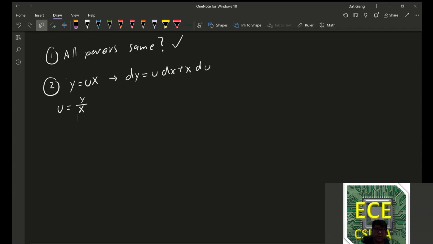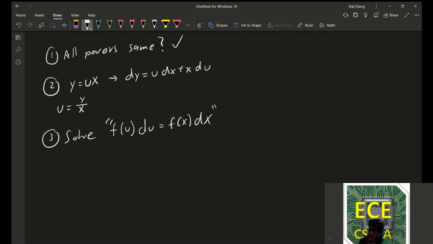We just then have to solve some function f dependent on u, du equals f of x dx. That's the form that we should get. And that we can then solve as u equals f of x plus c. So this is our fourth step, just to solve for everything in terms of this new variable u.